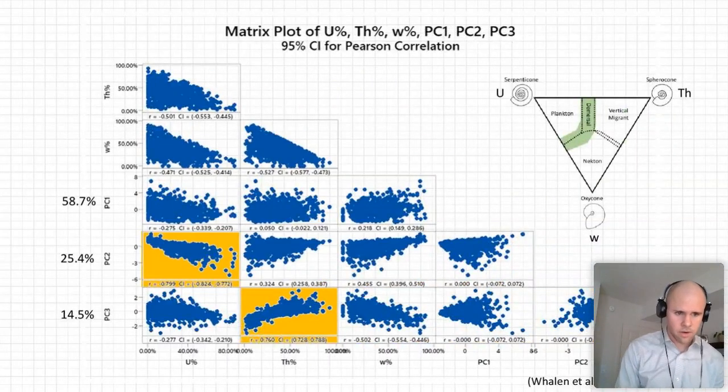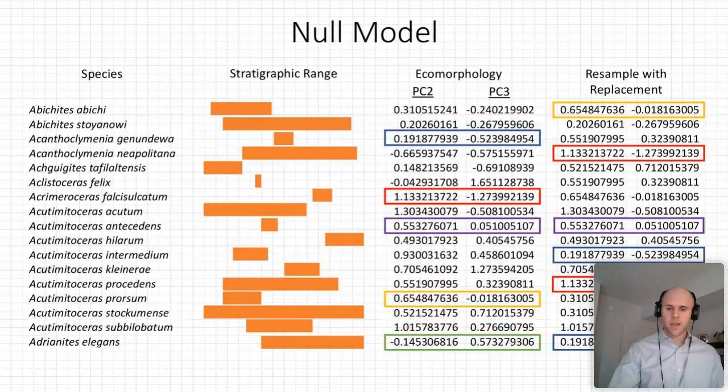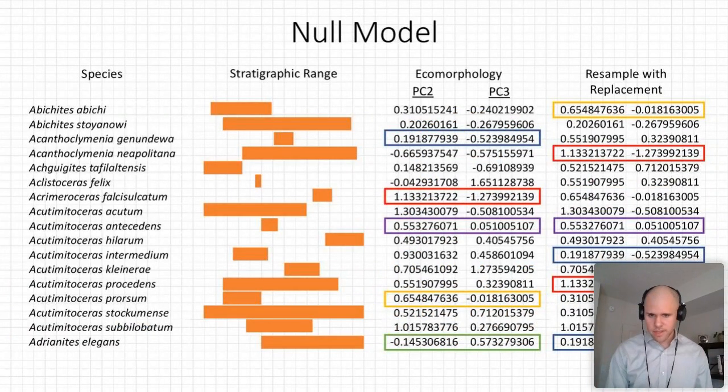But as it turns out, PC2 does correlate pretty well with the U parameter and PC3 with the TH parameter. You can see here PC1 doesn't correlate particularly well with any of them, and we don't have a great signal for W in PC space, or at least not in the first 3 principal components. So we can use these 2 principal components as our proxy for paleoecology.